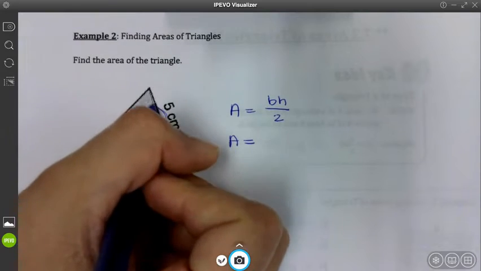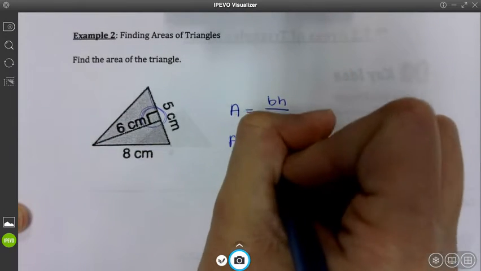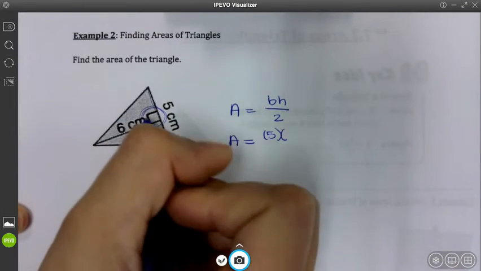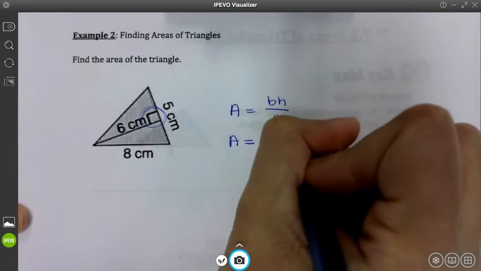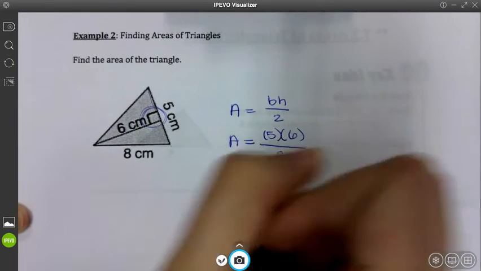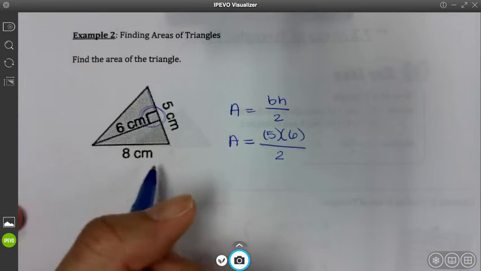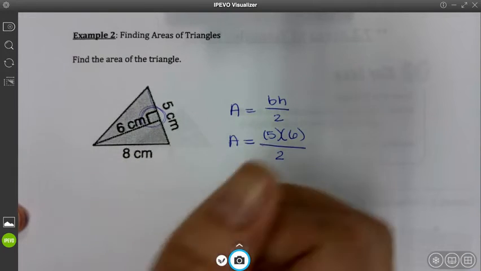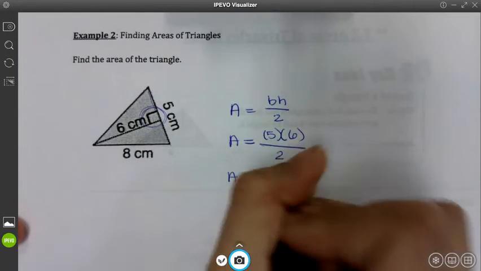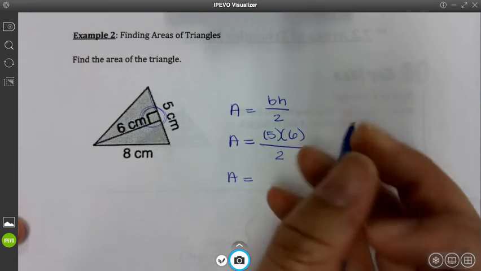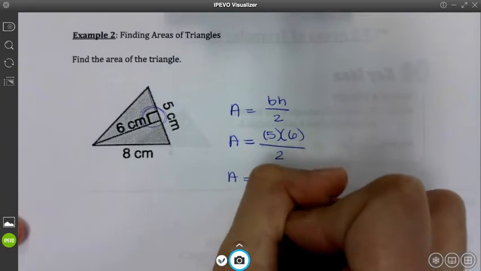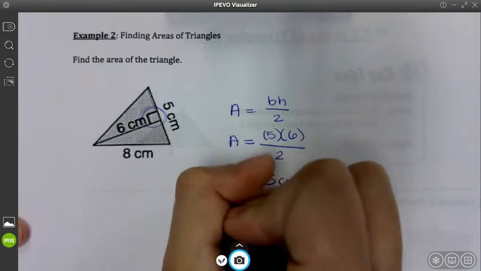That connects this piece, which is 5, and this piece, which is 6. This 8 here is just an extra piece of info that's not needed to find the area. And we solve. 5 times 6 is 30, split into 2 is 15, and we label centimeters squared.